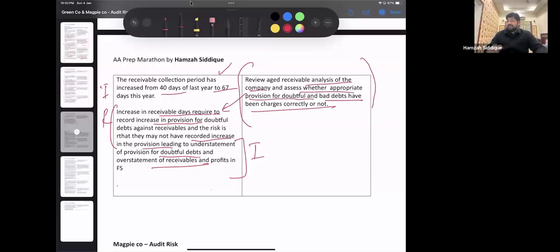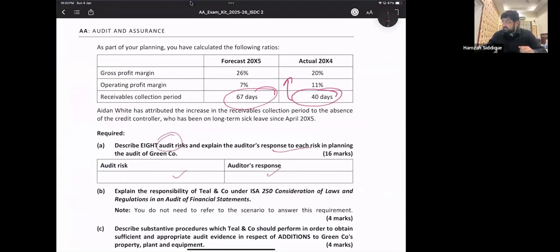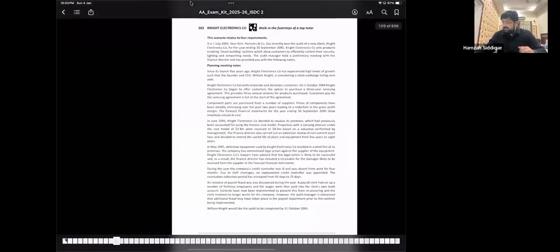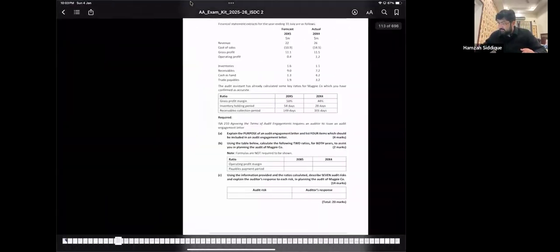All right. Now, the next point, I hope it is clear. So you need to do a lot of practice on it. The next question is Magpie for today, and that is from September-December 2022. This one.